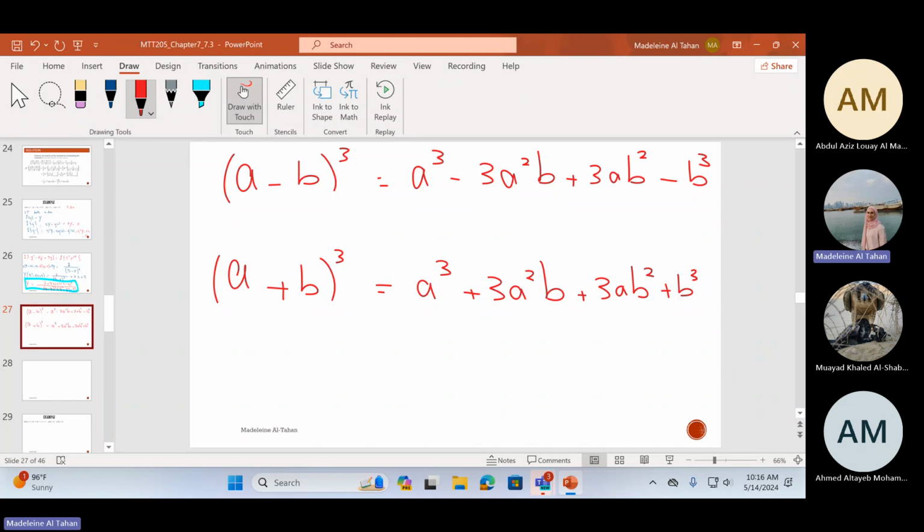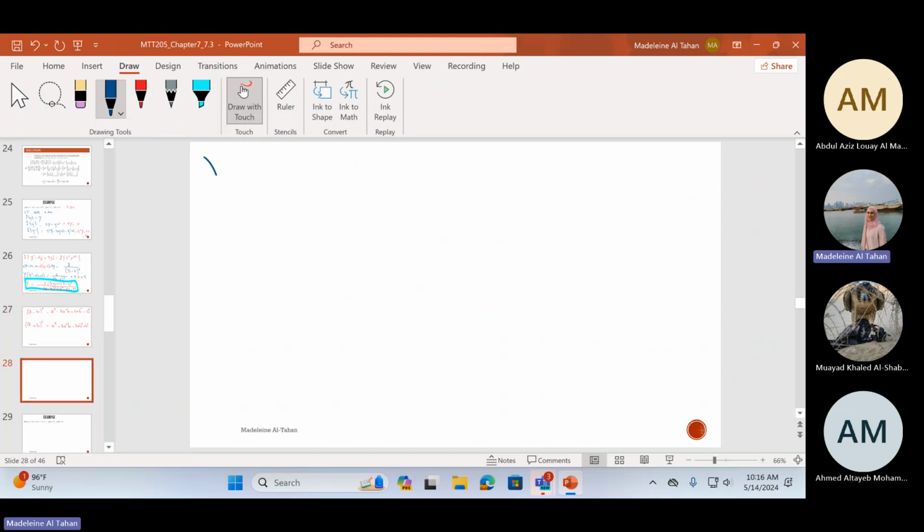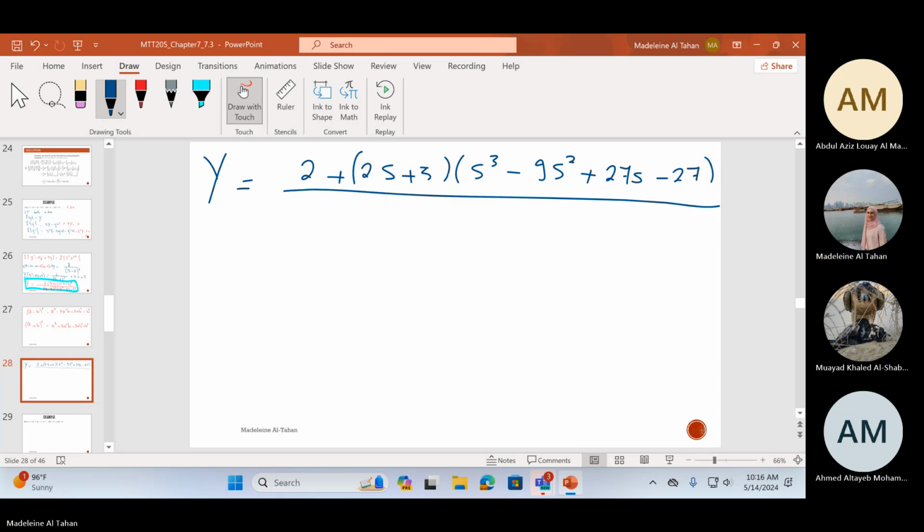Okay. Can we write Y as Y equal to 2 plus 2s? Right? We can expand this one: s cubed minus 3s squared minus 9s squared plus 3 times s times 9, which is 27s, minus 3 cubed, which is negative 27, over (s minus 3) cubed.